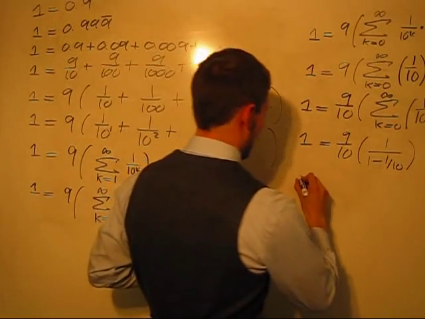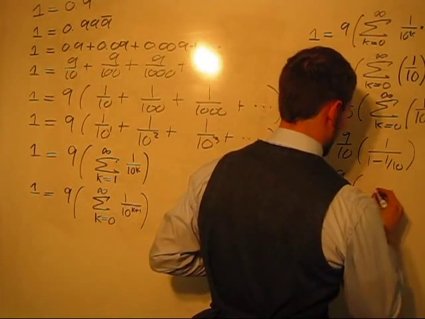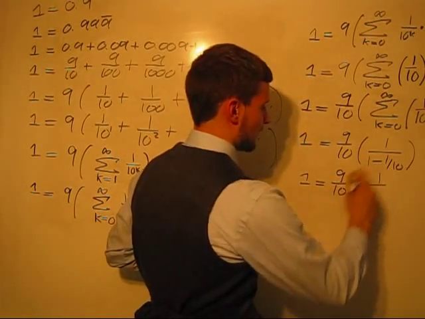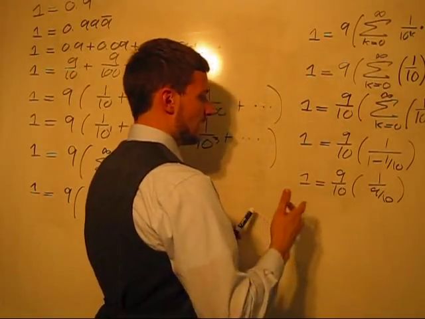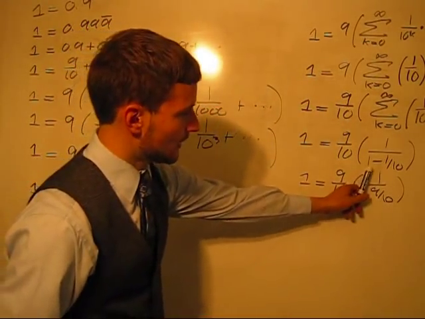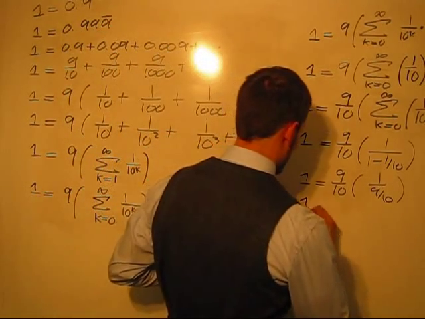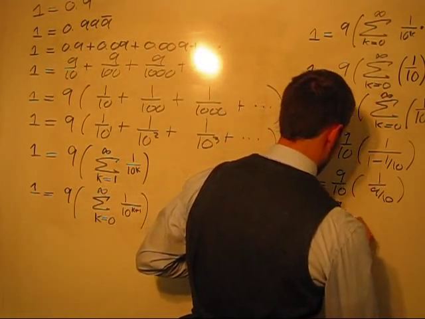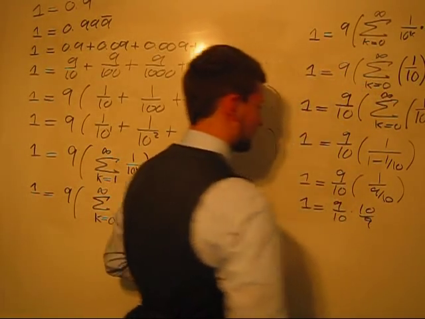And so we have 1 equal to 9/10 times 1 over 10/10 minus 1/10, which is just 9/10. Here's where it's kind of cool. Since we're taking the inverse of 9/10, it's the reciprocal, which means that 1 is equal to 9/10 times 10/9. We just invert and multiply the fractions.